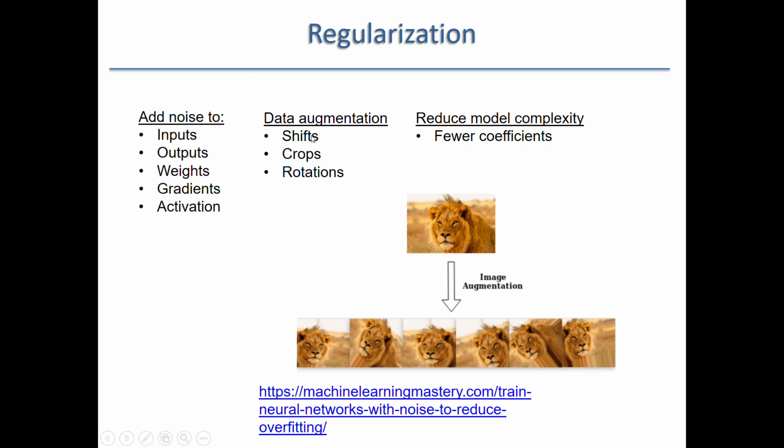With data augmentation, when talking about images, it is pretty easily seen. You have this input image, but the output associated to this image should be the same as the output associated to all these images, even if the vectors, the x coefficients, are not the same. The other possibility to reduce overfitting is to reduce the model complexity.